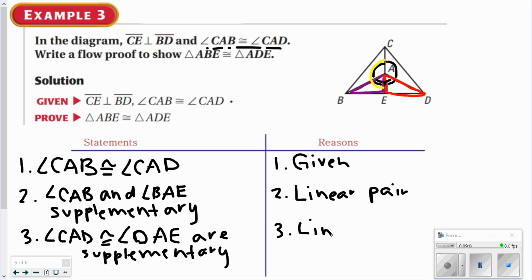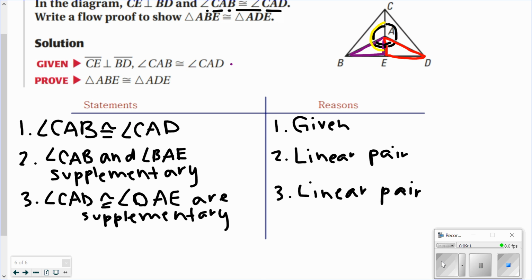And once again, they are a linear pair. I'm also told in my given that CE is perpendicular to BD, so I'm going to write that for my first step. So CE is perpendicular to BD, and this was given.